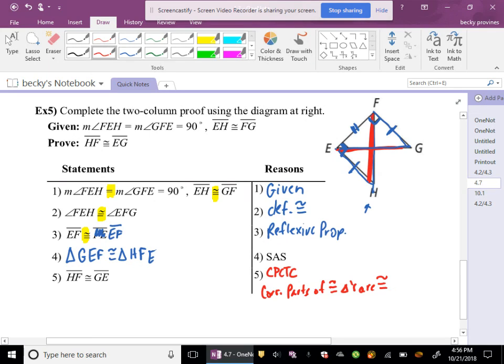So instead of writing out corresponding parts of congruent triangles are congruent, we write CPCTC. And it's just a fast way that mathematicians can do it because we're lazy/time efficient, which I say all the time. So I'm just going to give you a hint. If there's a step after this congruency statement, 99.9% of the time it's those 5 letters, CPCTC.